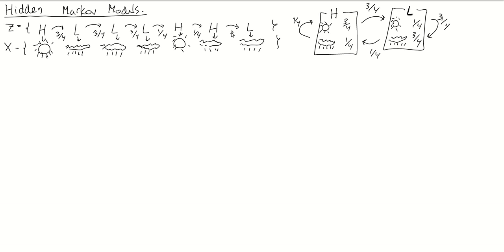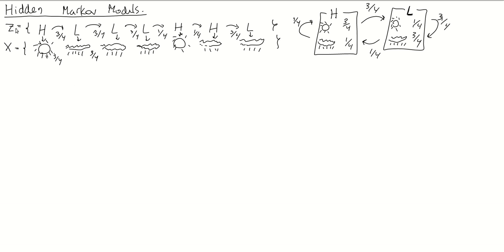High pressure to low pressure, that's 3/4, and then you could find the emission probabilities, like the probability of sun given high pressure. Well, that's a quarter. Oh, that's actually 3/4, sorry. And the probability of rain given low pressure is 3/4, and you could continue on and get all the probabilities, and then you could see, given these observables, how likely these hidden states are as an explanation.